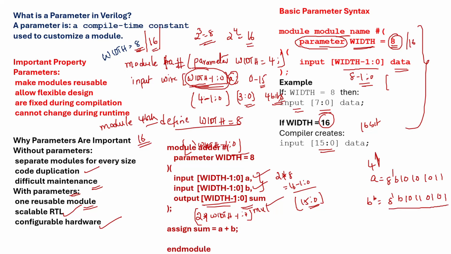Then add these values. 1 plus 1 means 0, and 1 is carry, 1 plus 1 means 0, 1 is carry, 1 plus 1 means 0, 1 is carry, 1 plus 1 means 0, 1 is carry, triple 1 means 1, 1 is carry, and then 0 0 1 means 1, 1 1 means 0, so 1 is carry.